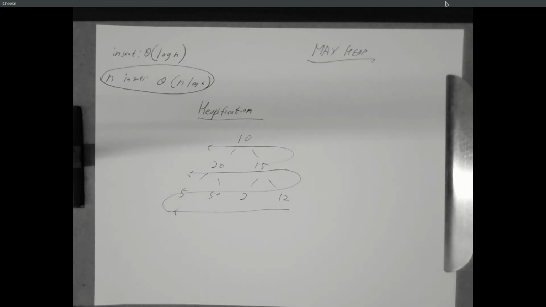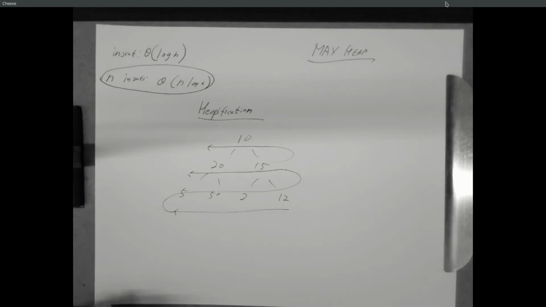And at each point, we're going to look at the number and say, does this satisfy the heap property? Meaning, is it bigger than both its children? If it is, we don't have to do anything. If it violates the heap property, we're going to down heap. We're going to swap with the largest child, move down, see if that violates the heap property, and keep going.